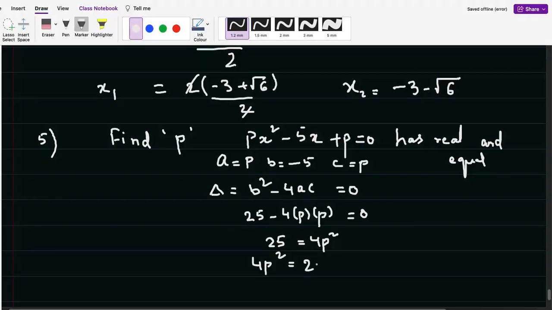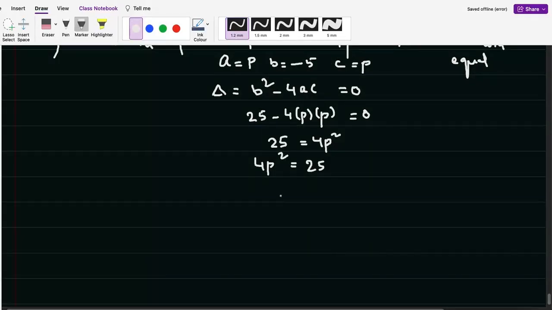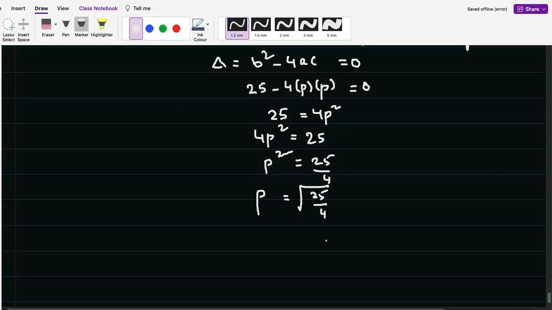So p square is 25 over 4. P is root of this 25 over 4. What is the square root of 25? That is 5. And what is the square root of 4? That is 2. So p can be 5 by 2 or negative 5 by 2, correct?